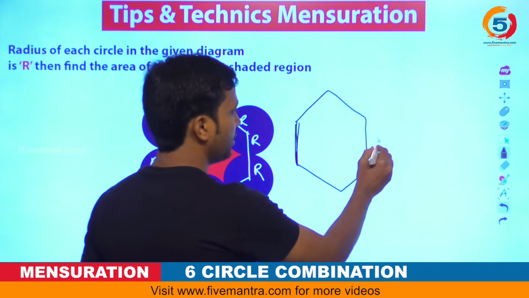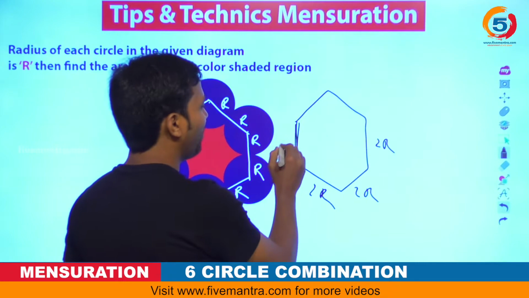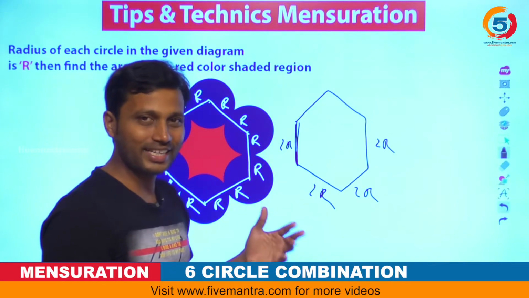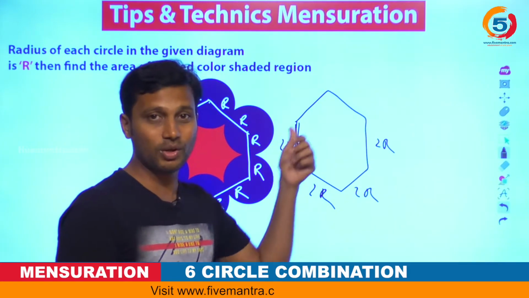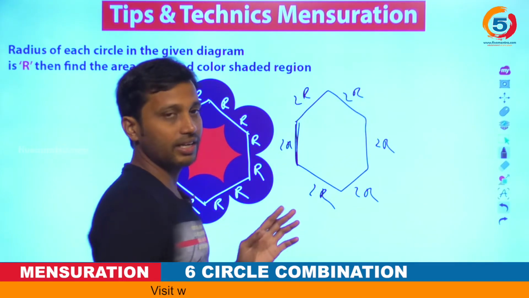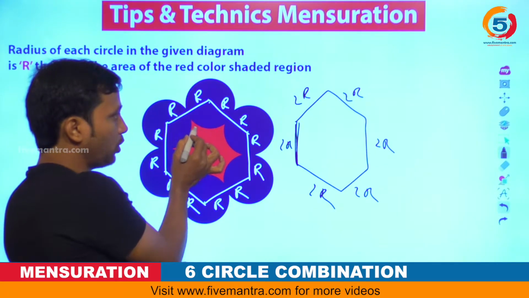Each side is 2R, 2R, 2R. Actually, I haven't drawn it like a regular hexagon. That is my drawing skills, but consider all sides to be equal. All are equal sides. This is a regular hexagon. Now in this, what are the blue colored portions?